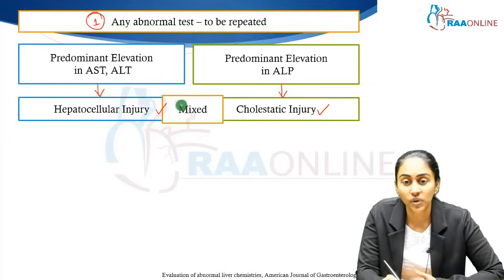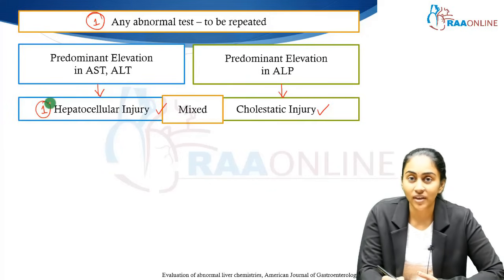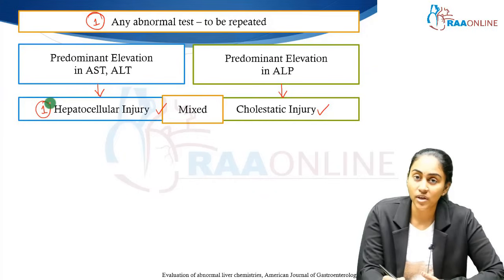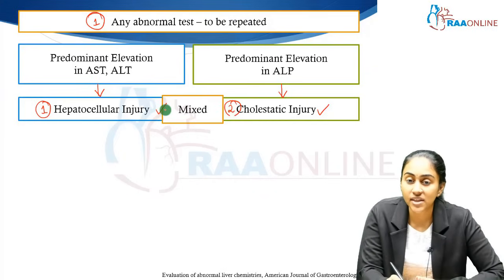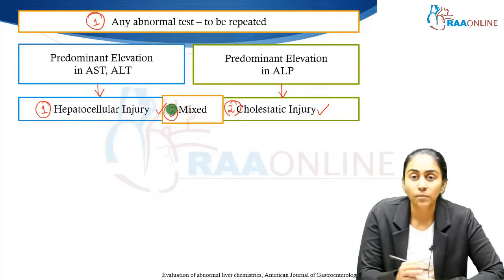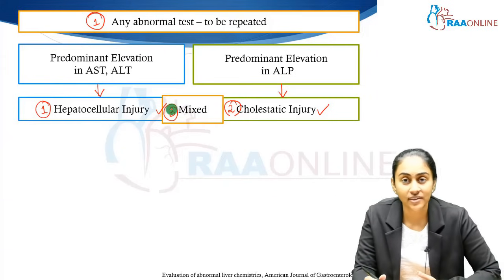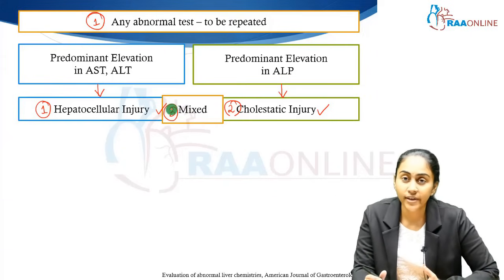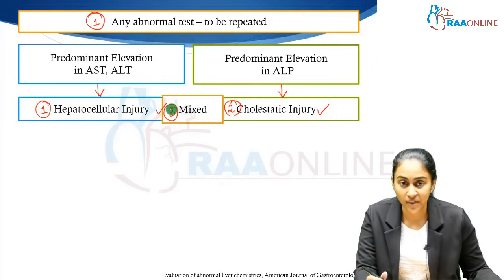In that case, we refer to it as a mixed pattern. So this is what we saw earlier, right? Patients can either have a hepatocellular injury, or a cholestatic injury, or they can present in a mixed manner with both abnormalities. So looking at the liver function test, particularly at the enzymes, will tell you what kind of injury the patient has, whether it is hepatocellular, cholestatic, or mixed.